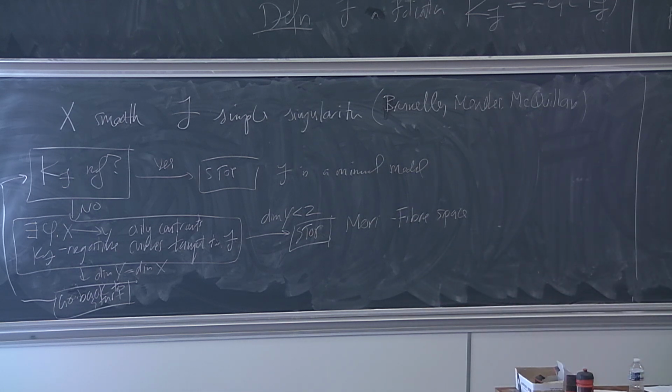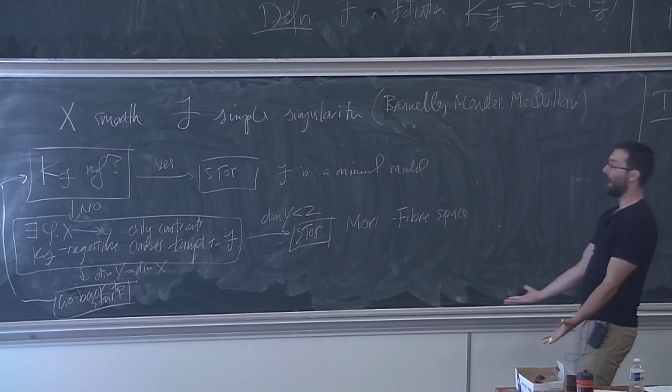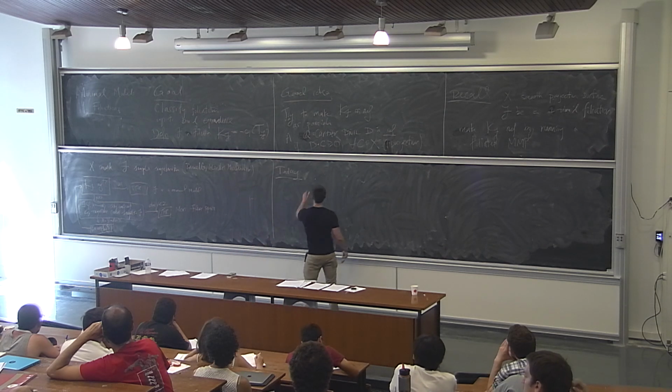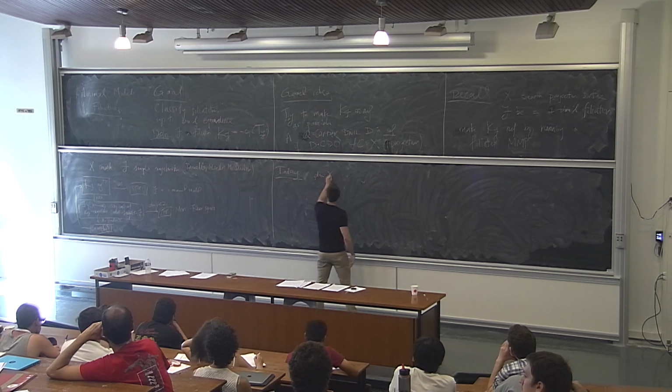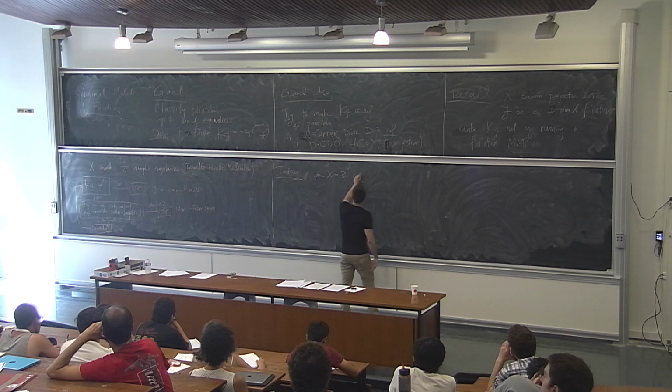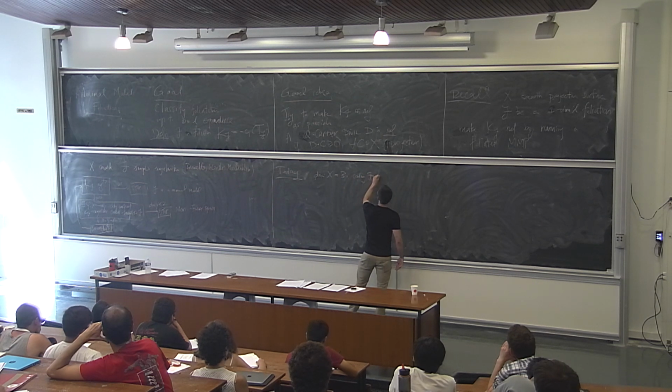So this is just for surfaces. My goal for today is to ask: can we generalize this diagram to the case where the dimension of X is 3, and the codimension of F is 1, or the dimension of F is 2?